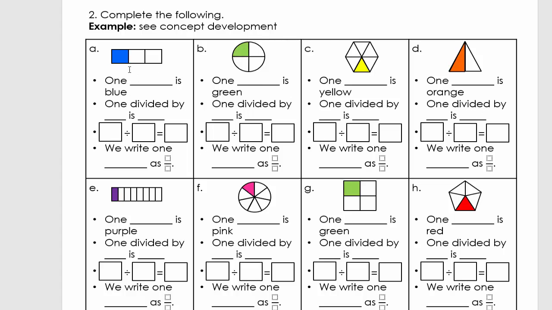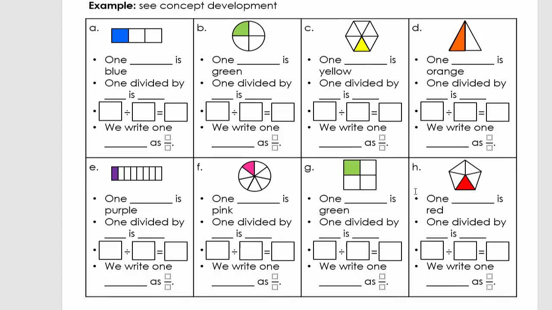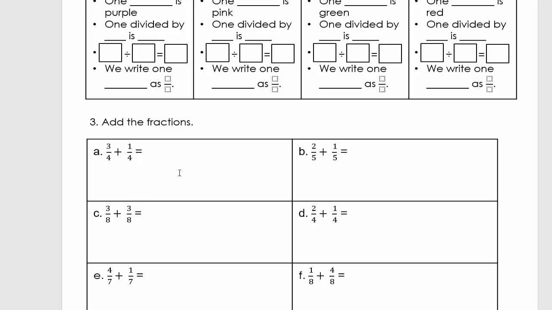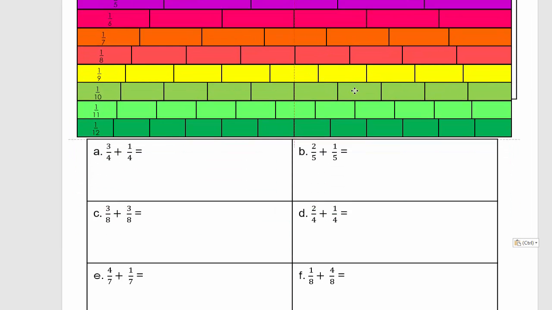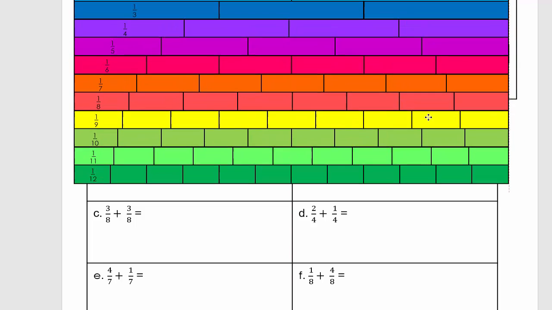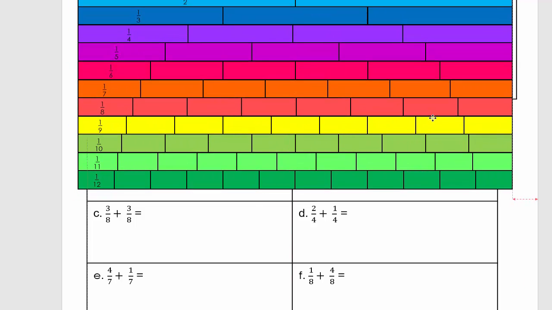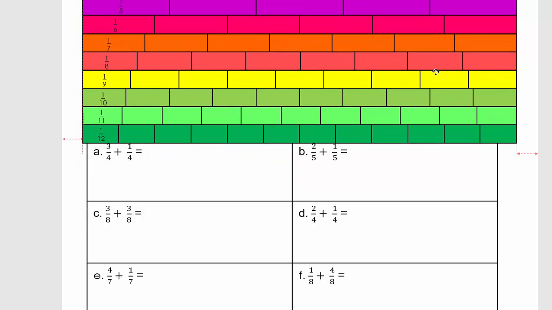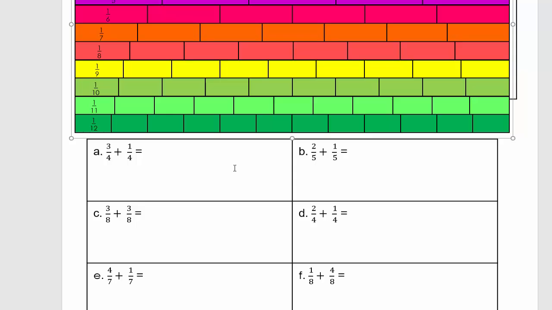So I want you to complete A to H. And then I want you to add these fractions. Now again, you can add it, or you can use a board like this. You can always go to our SA Teacher eStore and download it. So it's time to pause here and then you complete the activities.